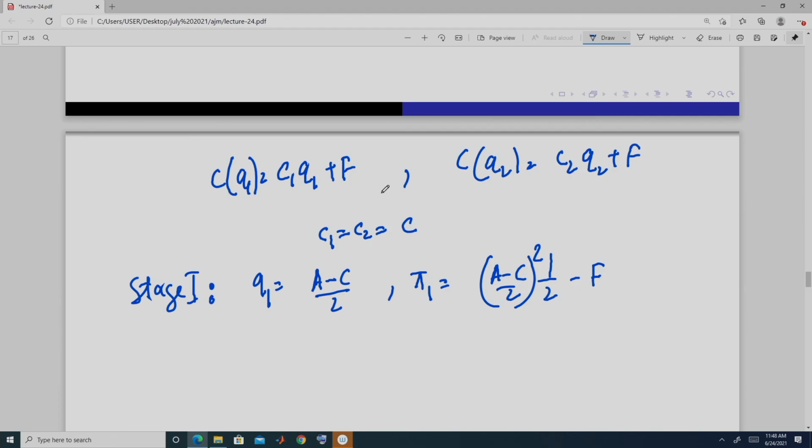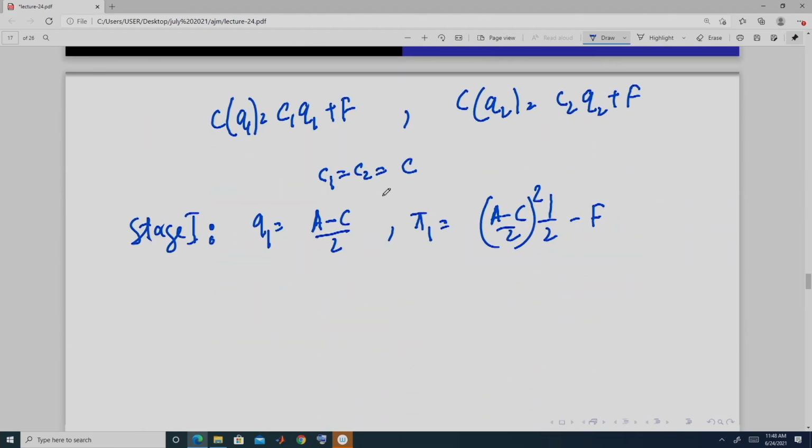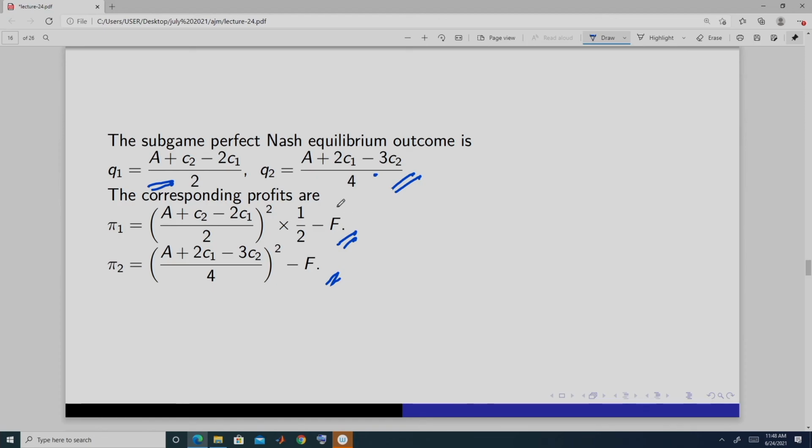Here we have to make a further assumption, that f should be less than this amount.